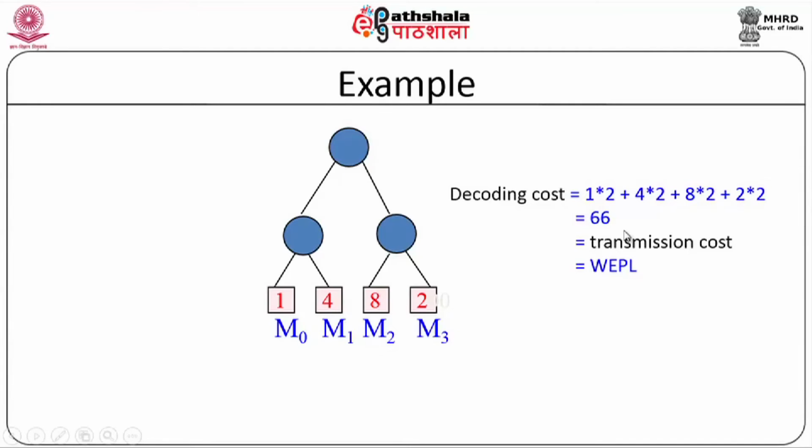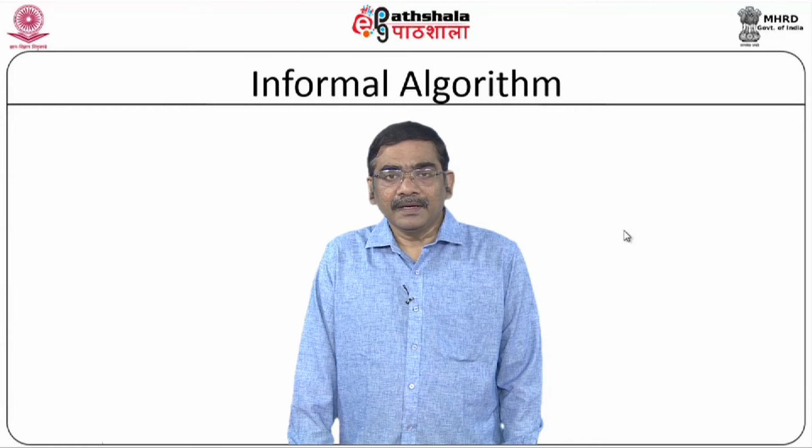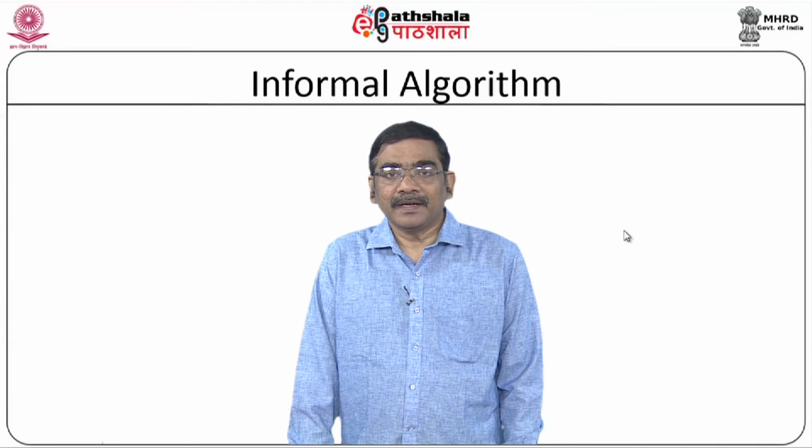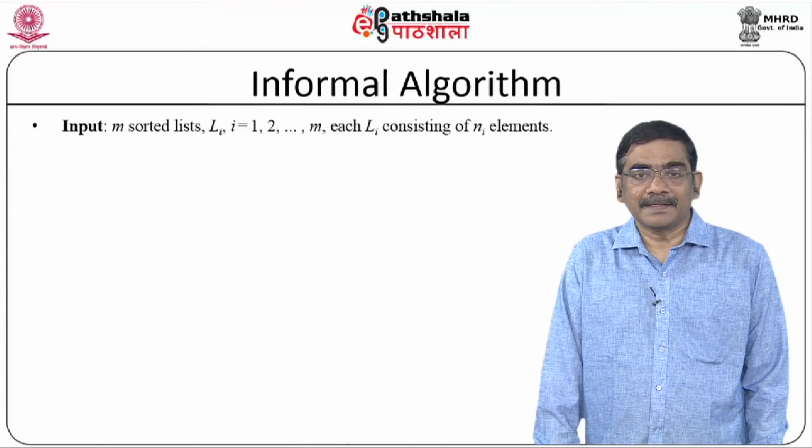This is going to be the transmission cost, that is nothing but the weighted extended path length. In other words, this problem of transmission is now reduced to the optimal merge tree problem, where the transmission cost is represented by the weighted extended path length. So, there are many situations where optimality really helps. That is the reason why we are bothering about this.